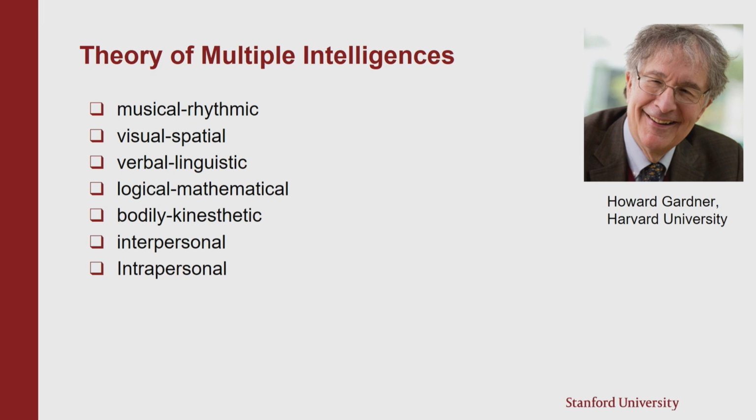There are some people that are very good at verbal linguistic, and some people are very good at logical, mathematical, and some people are very good at bodily, kinesthetic. And some people are very good at interpersonal and intrapersonal abilities. So basically, we can think of, for example, Einstein as having some kind of profile, and I'm going to show you the arrows that I think he may be having.